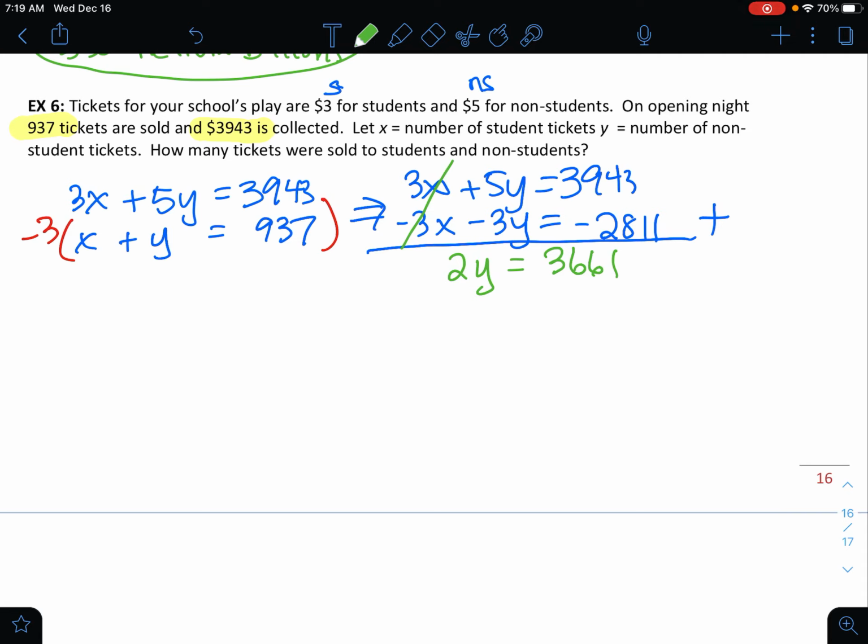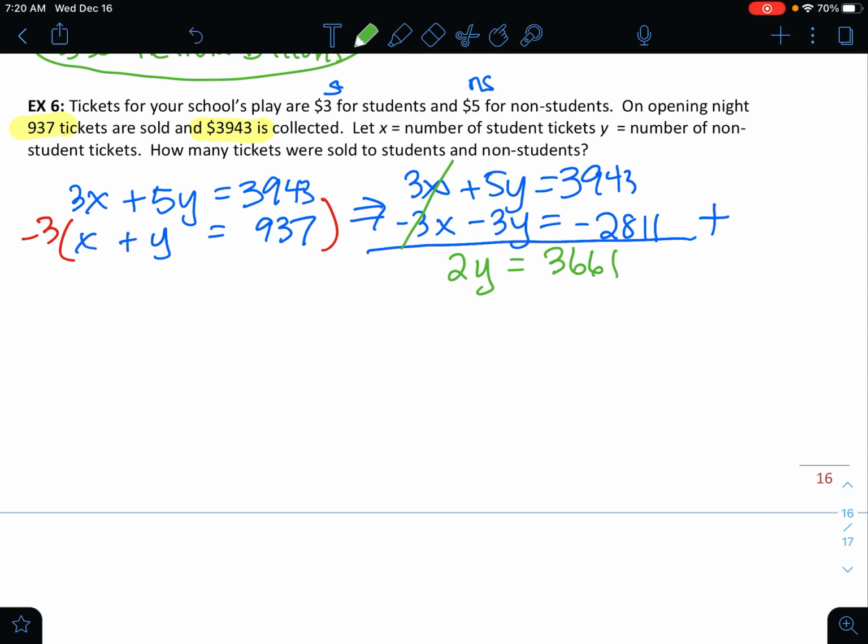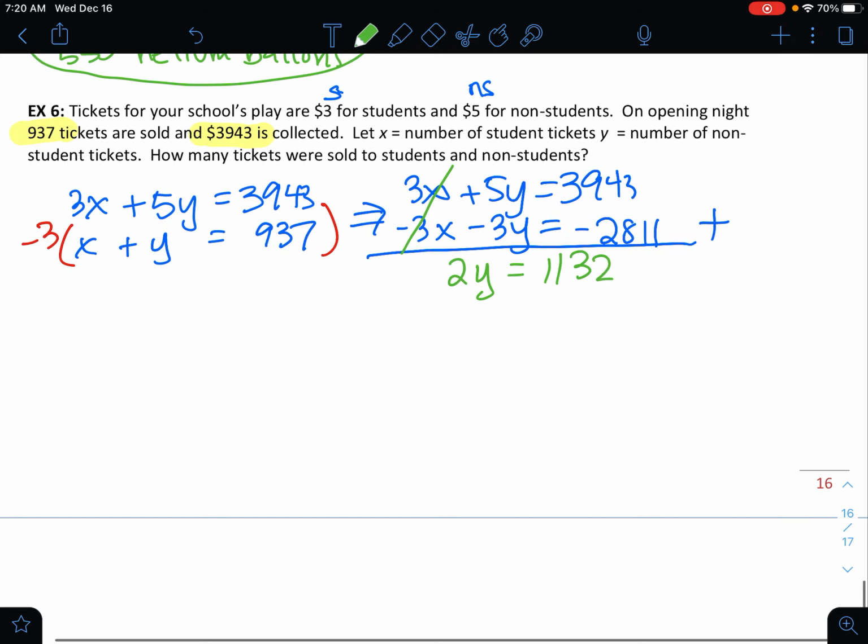Let's try that one more time. 39.43 minus 28.11 is, let me back up here. Let's fix that number. 1,131, that's a little better. Divide by 2. Oh my gosh, I am just making so many mistakes. I did 39.42. It's 39.43, so this should be, goodness, 1,132. Okay, divide by 2.